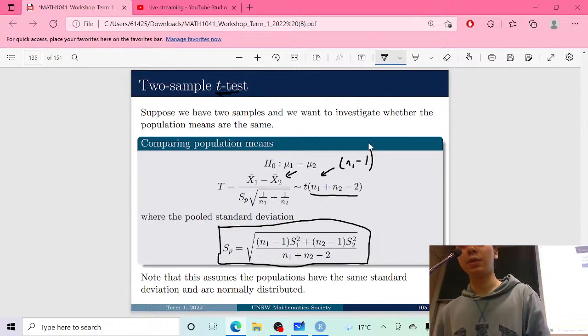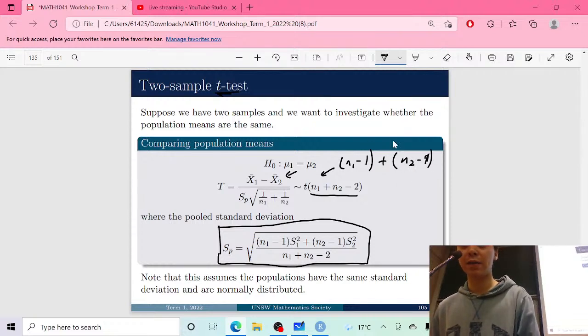But because we're dealing with two samples, we're going to take in n1 minus 1 plus n2 minus 1. And when we collect everything together, we get precisely n1 plus n2 minus 2. So you don't need to memorize this. Just think about how you can go from one sample to two samples, and they work pretty much the same way.